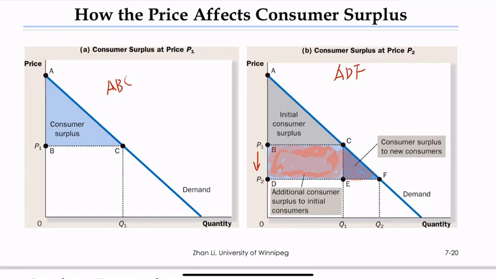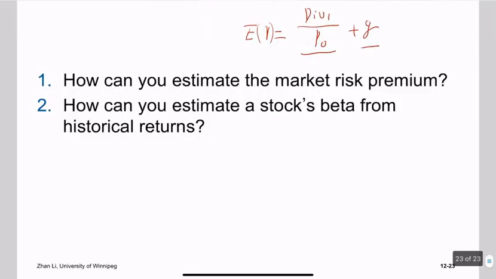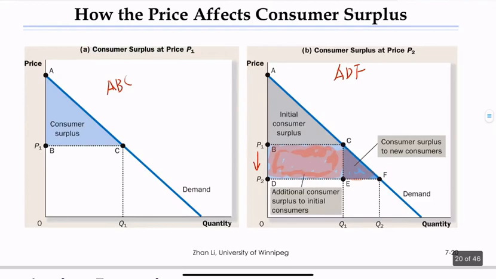Well, it basically says that previously, these buyers who have bought quantity Q1 enjoyed this consumer surplus.